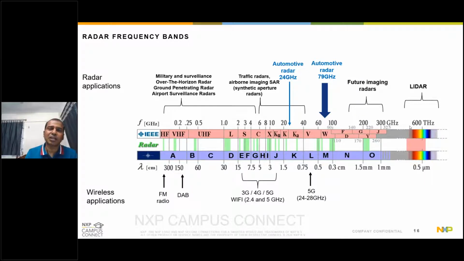For now, just remember 24 gigahertz radar was used earlier, and nowadays industry is moving towards the 77 to 79 gigahertz range for better resolution and to integrate in smaller packages. And the rest of the spectrum is used for various other applications like FM radio, Wi-Fi and other technologies.